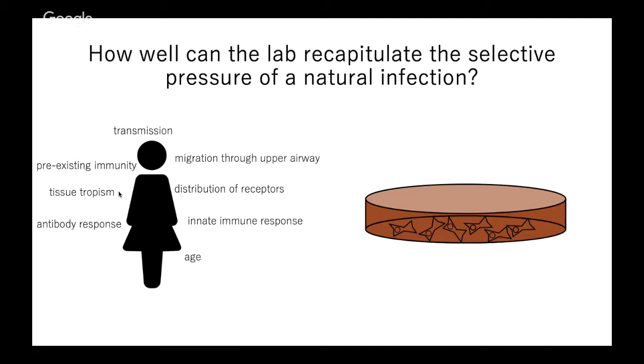There might be sites in the protein where the site-specific constraints and selection from all these factors is adequately modeled by growth in cell culture. You can imagine this might be true for sites which are very important for protein folding, for stability, for receptor binding, et cetera. Then there might be other sites where it's just too simplistic or too artificial of a model, and these might be where we start to pick up some inadequate sites.